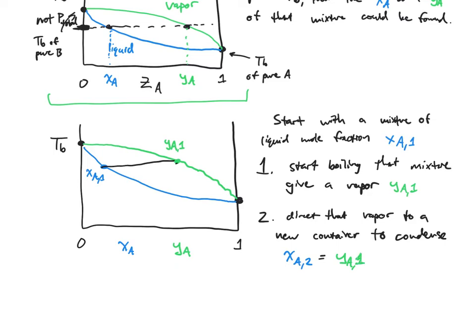So that is equivalent to drawing a straight vertical line down to a new spot and calling that XA2, like so. And then the final step is that we just repeat.